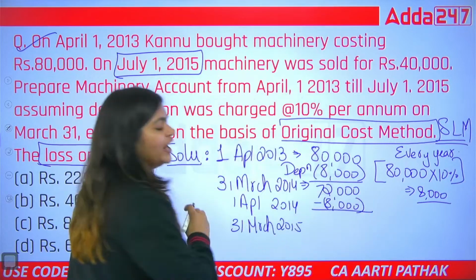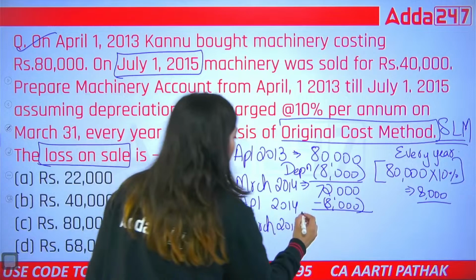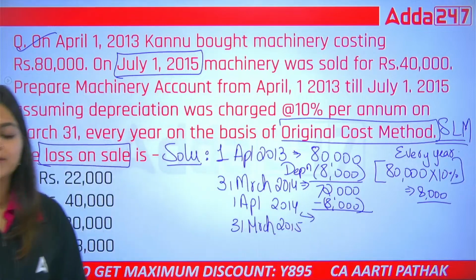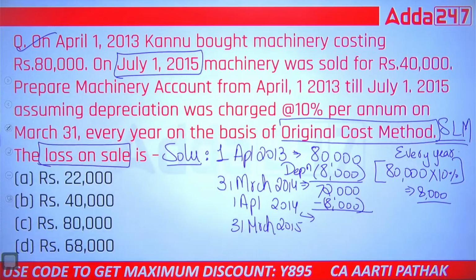So what value will be there on 1st April? 72,000 minus 8,000. Please solve it together with me. 72,000 minus 8,000, what is the amount?